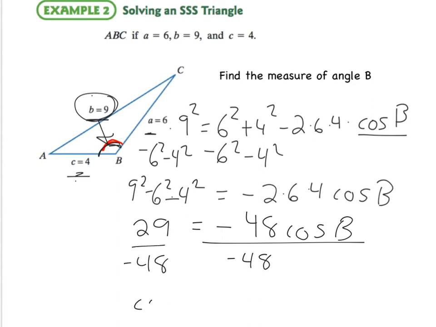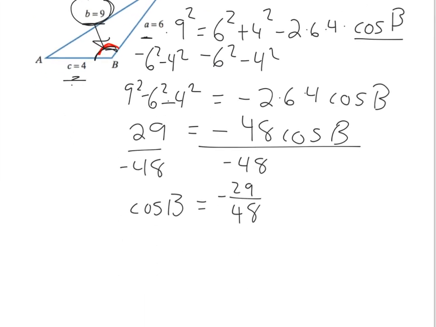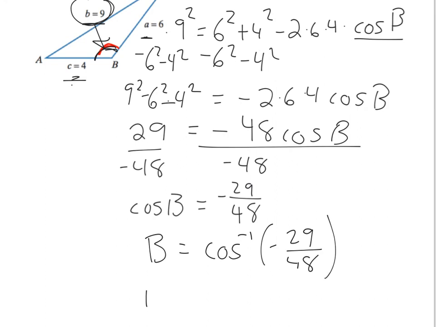And now I end up with cosine b on one side equals that negative 29 over 48. I'm actually looking for an angle here, so my actual angle is going to be the inverse cosine of that fraction. And if we type that in, inverse cosine of negative 29 over 48 is 127.2 degrees.